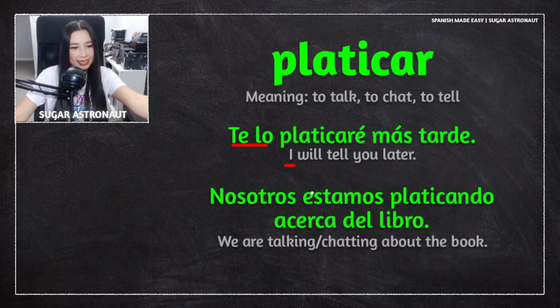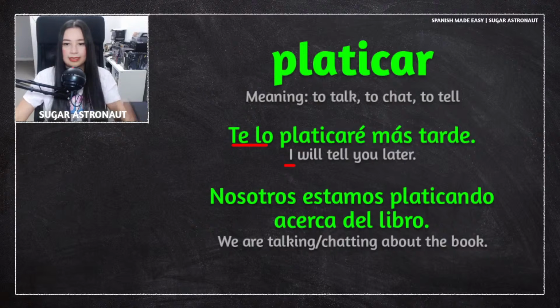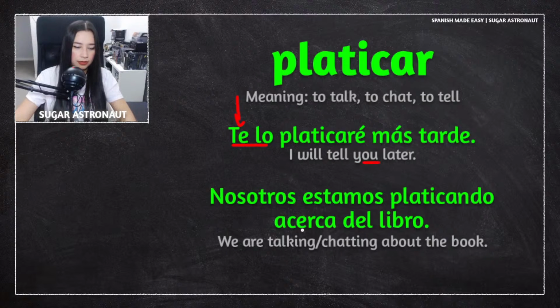Yo te lo platicaré. Essentially, you're saying that. But te is also a pronoun. Okay? Te is like saying you. It can get confusing. Lo, it's similar to it, but we don't have it here.